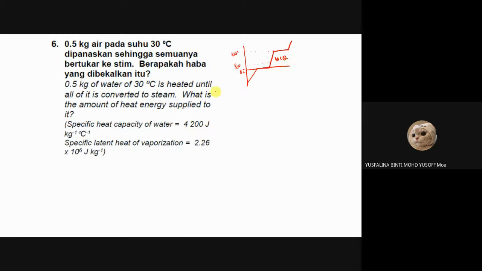Then after that, at this part, you can use ml, because it said all of it is converted to steam. So make it until here. So the answer should be mc theta plus ml. Do you understand how I get this equation? How do I get mc theta plus ml?